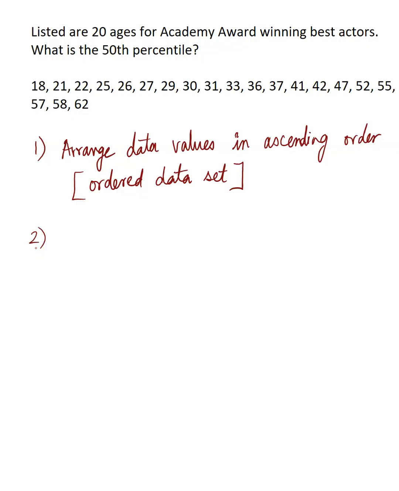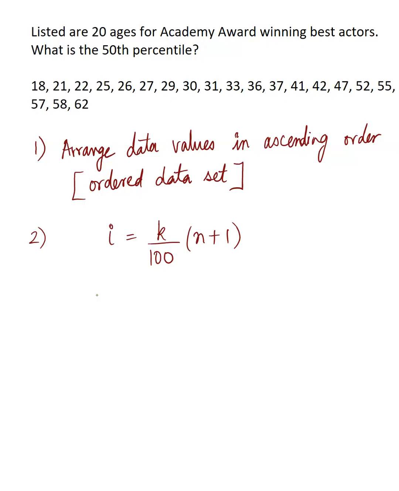Step 2 is to get the formula values to plug them in. We are trying to find the position that corresponds to the 50th percentile. Here, the 50th percentile is the median, so it's the middle position, which is fine. We are just using something simple to get to this, and I'll show you in another problem a different percentile that's not as easy to obtain. So let's locate our values.